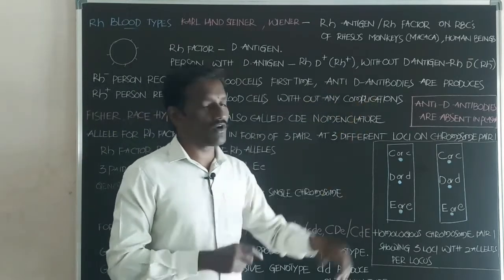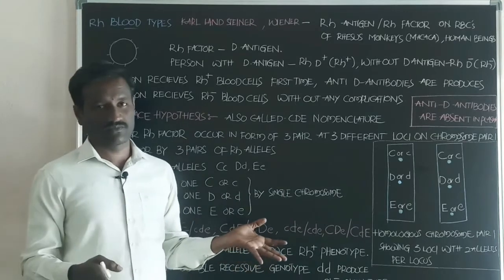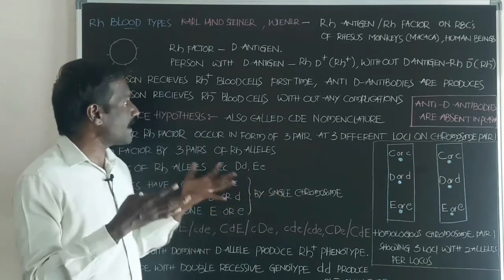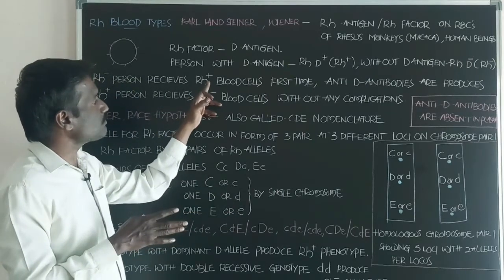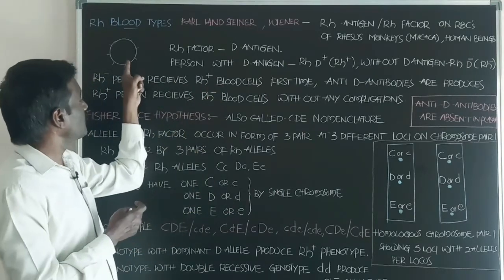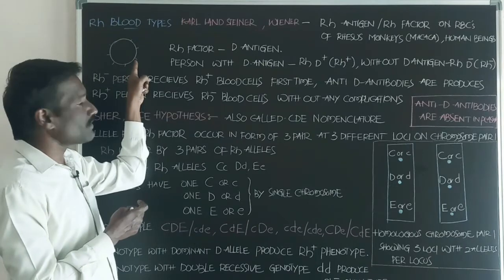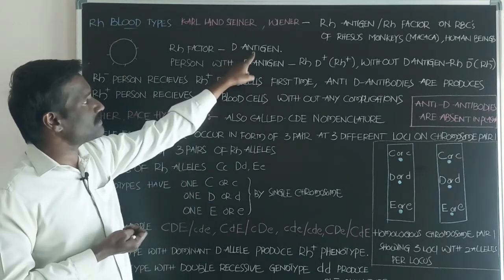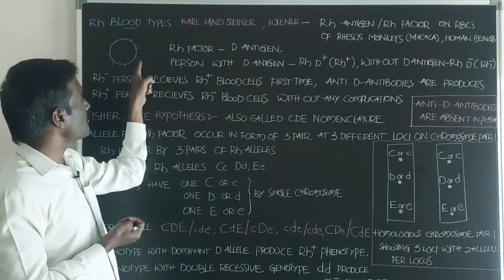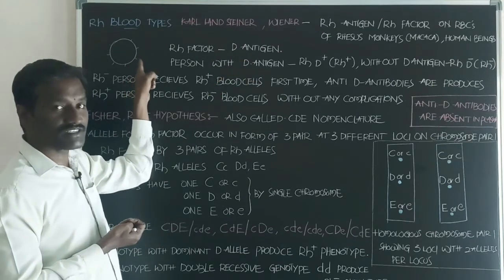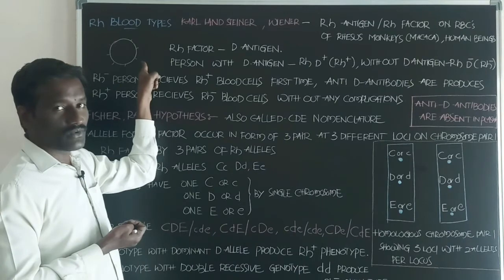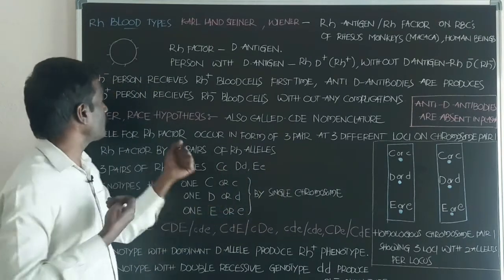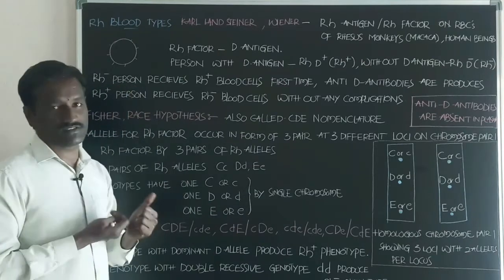anti-D antibodies are produced. The immune system identifies the entry of the Rh positive blood cells by the presence of the RhD antigen. Student, the D antigen is present on the plasma membrane of RBC; that is the antigen, a new antigen entering the body of the Rh negative person.